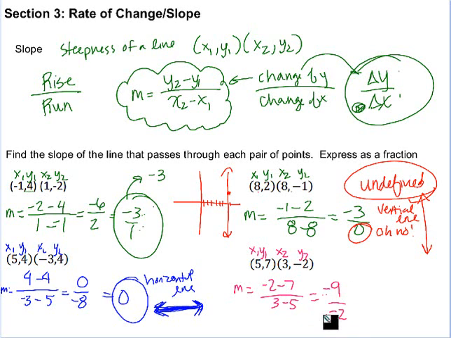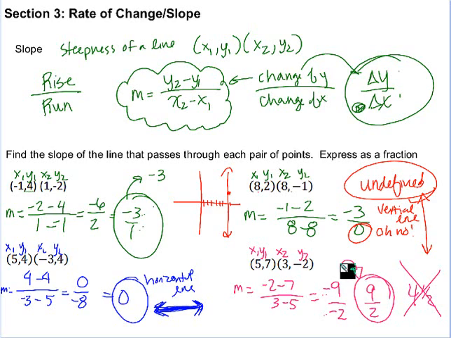Both have negative signs, so negative over negative will give us a positive, and this is 9/2. You may not write slope as 4.5. That is not okay. Slope must be expressed as an improper fraction. All right, otherwise it will be very difficult for us to actually graph these.